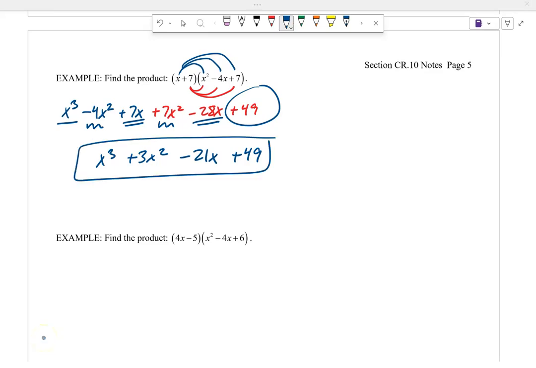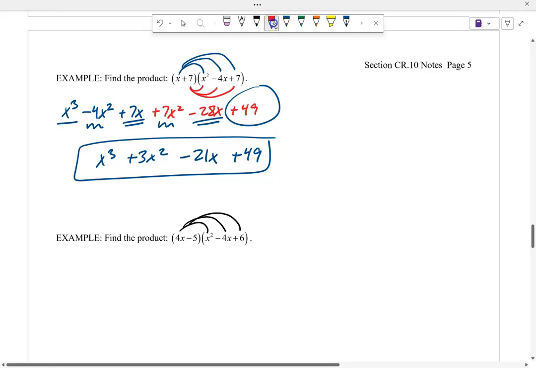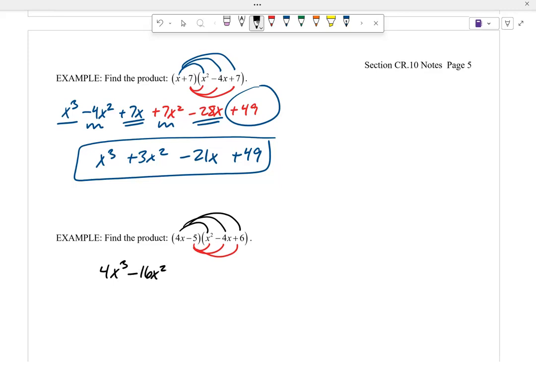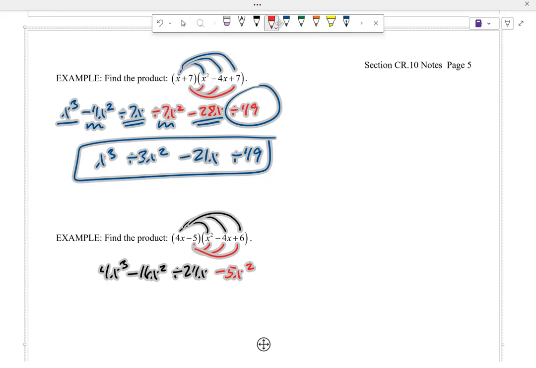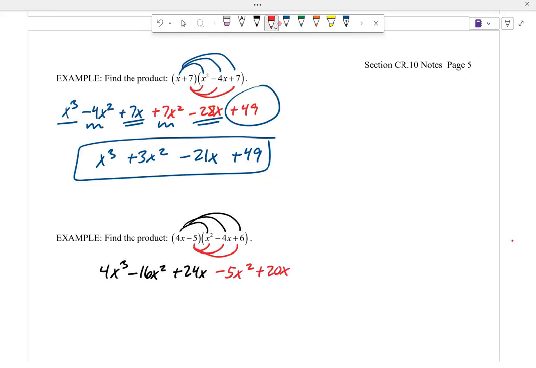If you want to, you can pause the video on this next one. We do the same thing here. I'm going to take that black one through, then take the negative 5 through there. So we got 4x times x squared is a 4x to the third. 4x times negative 4x, negative 16x squared. 4x times 6, 24x. Now I'm going to take the negative 5 through. Negative 5 times x squared, negative 5x squared. Negative 5 times negative 4x is a positive 20x. Negative 5 times 6 is a negative 30. We're going to go ahead and combine any like terms.